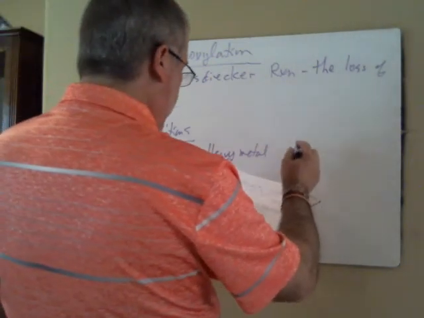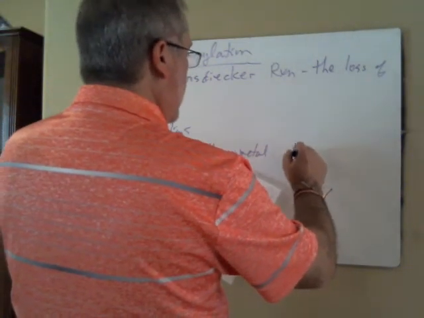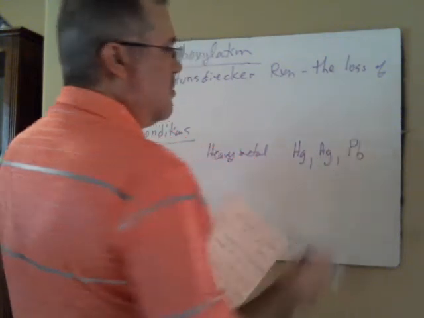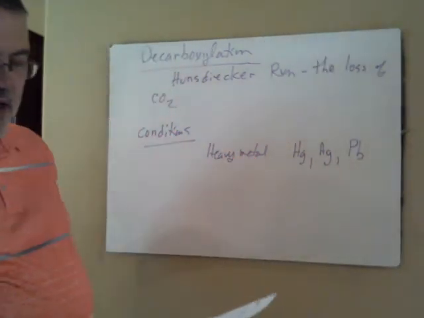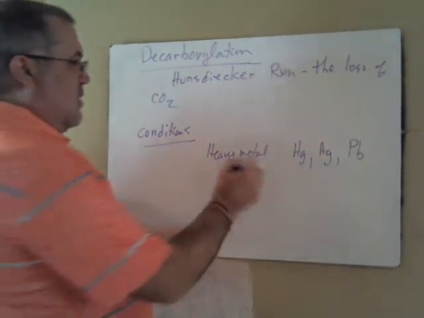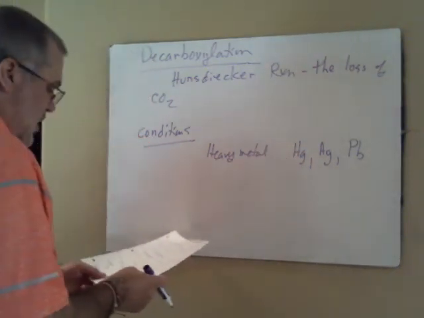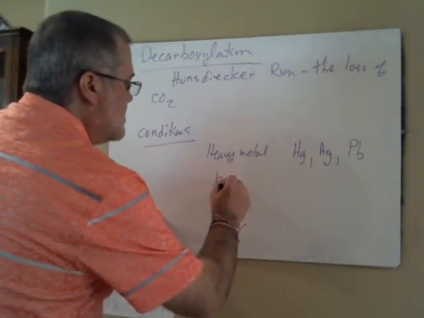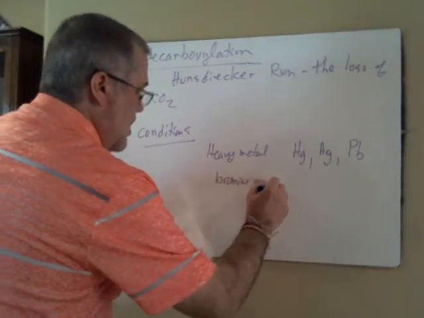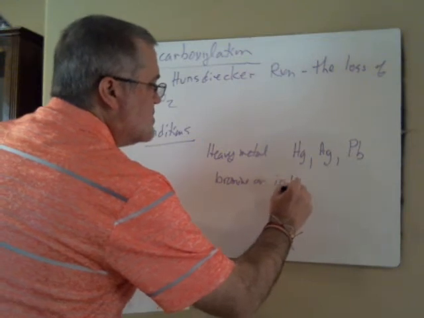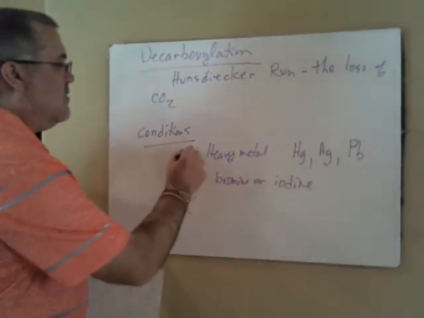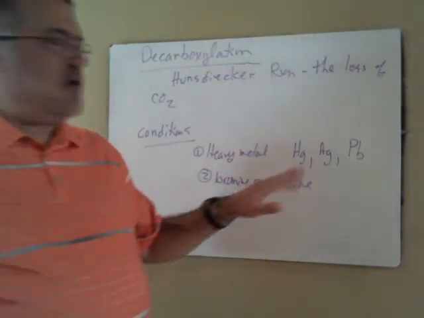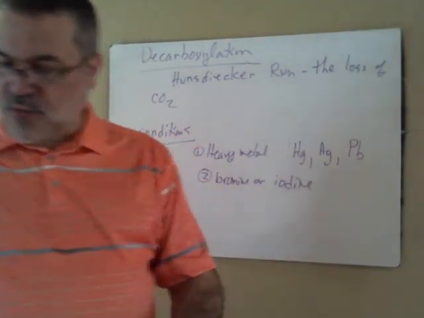It's actually something like mercury, silver, or plumbum, which is lead. So you're using a heavy metal, but you also are using bromine or iodine. Okay, so you're using both of these reagents. They can be used interchangeably and they all work pretty well.